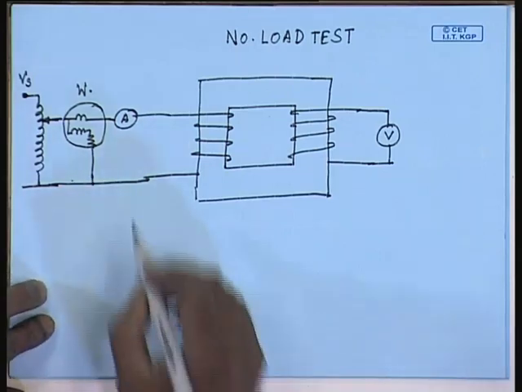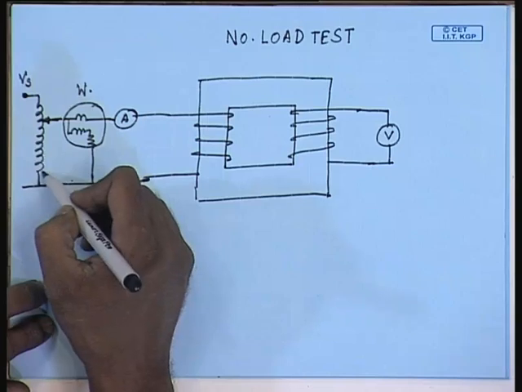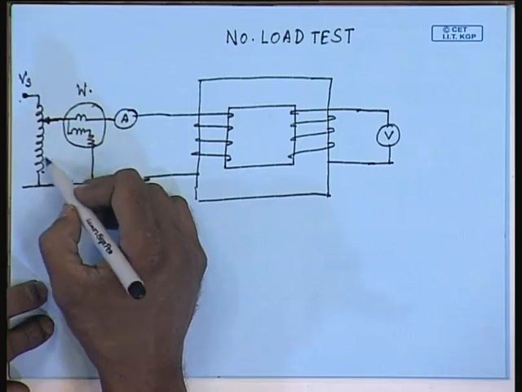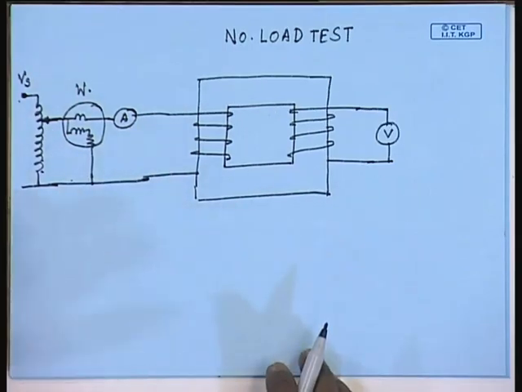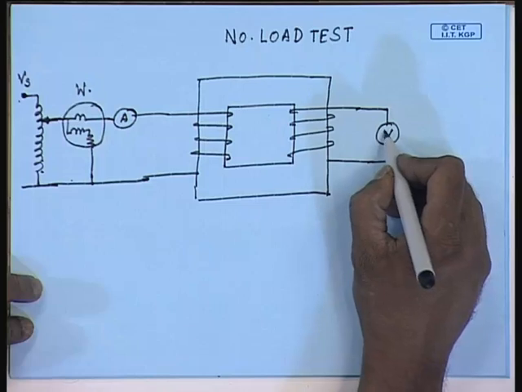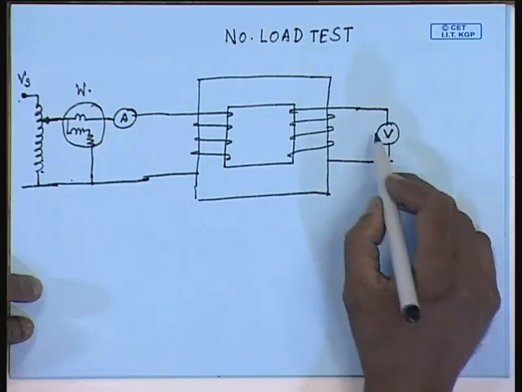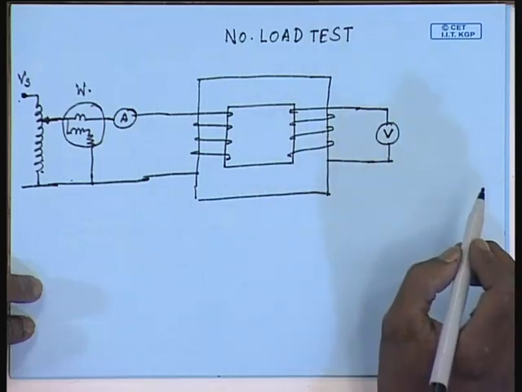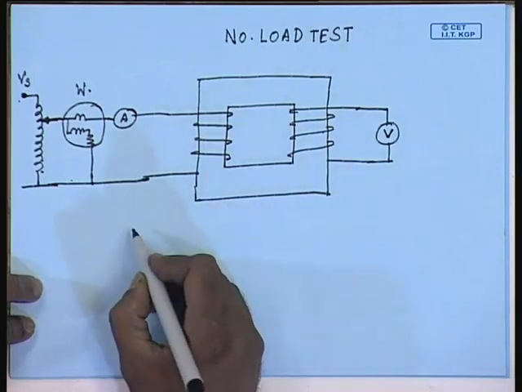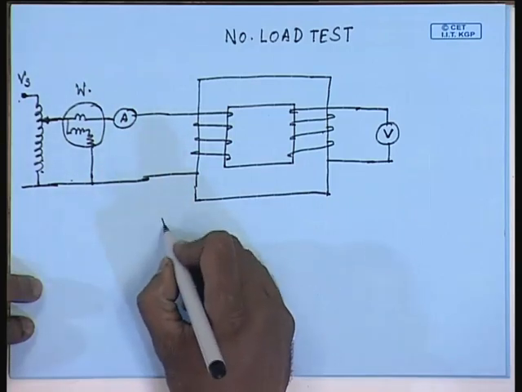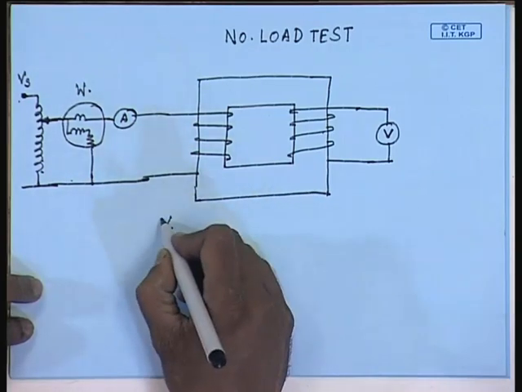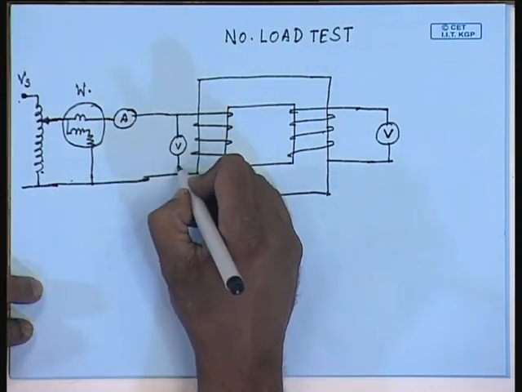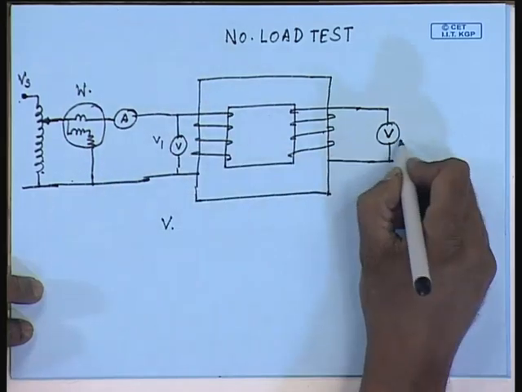In order to do the no load test, the variac is started from 0 voltage position, then the power is applied, and the voltage supplied by the variac is slowly raised till the voltmeter connected on the other side reads the rated voltage of this side. Under that condition, we take the readings of voltage V; there is also another voltmeter connected here, let us call it V1, this is V2.